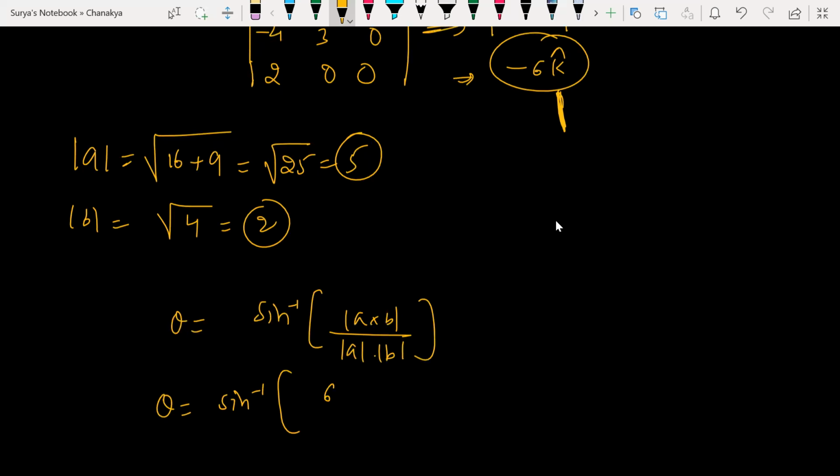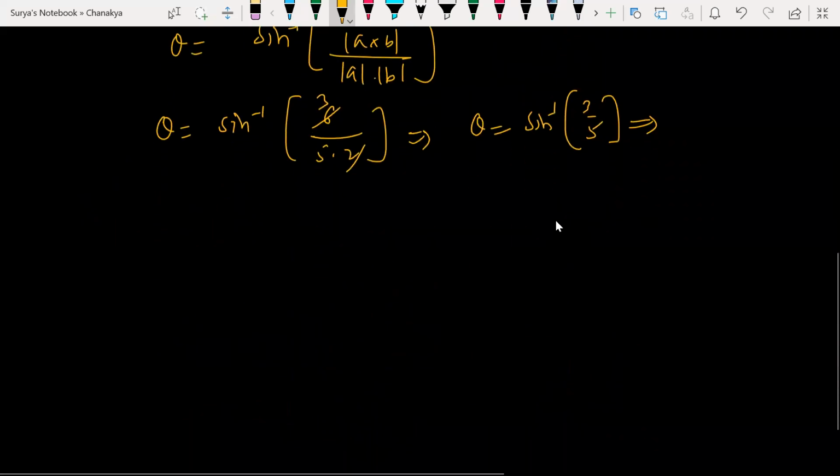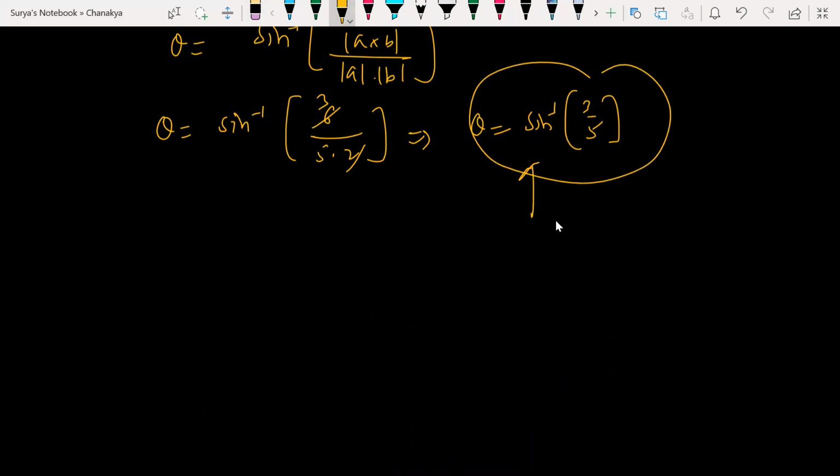Minus 6. Exactly. So now theta is sine inverse of, directly you write, 6 by 5 into 2. You understand my point? So theta is sine inverse of 3 by 5. So 3 by 5 will have some value. This is the answer.